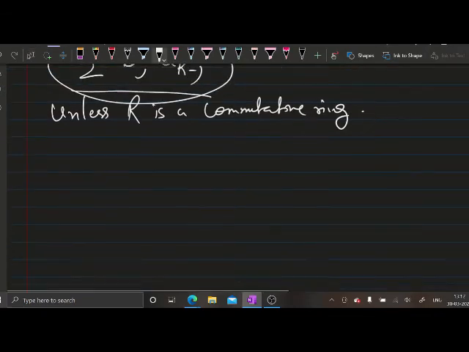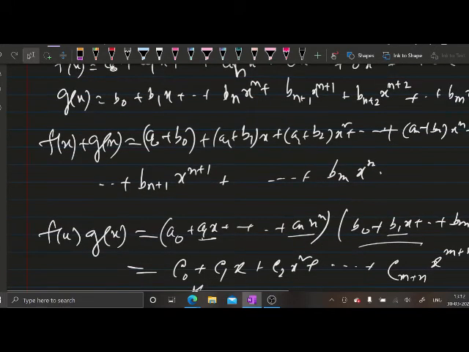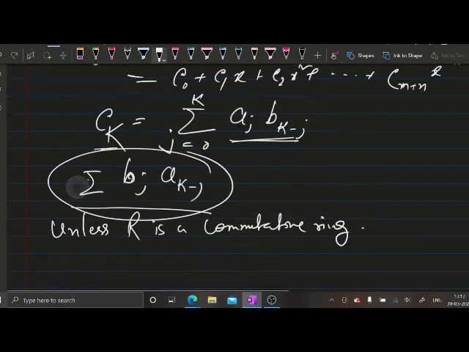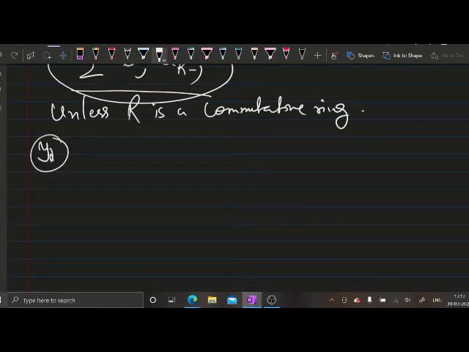Fine. And with respect to these two binary operations, that is with respect to plus and dot, you will have a ring of polynomials.